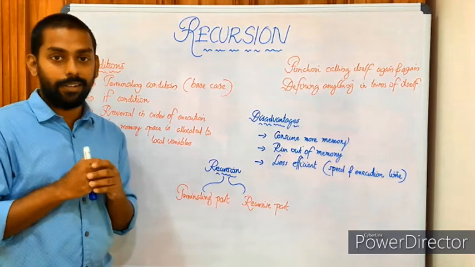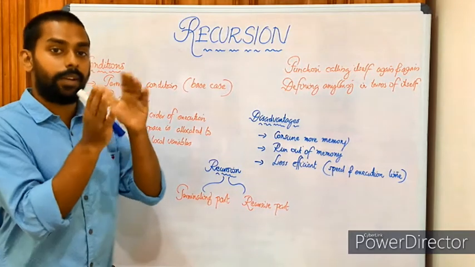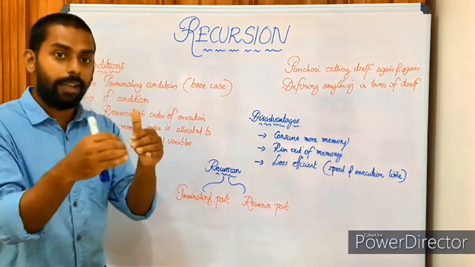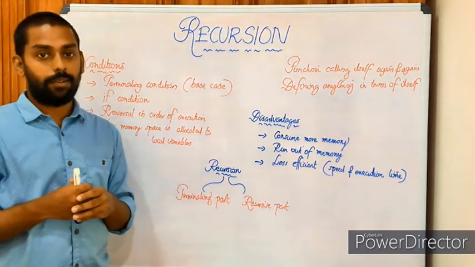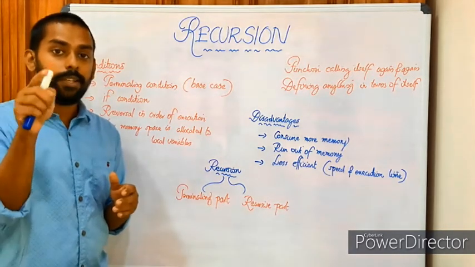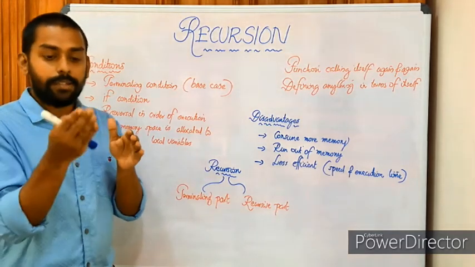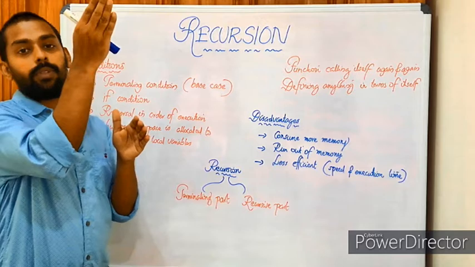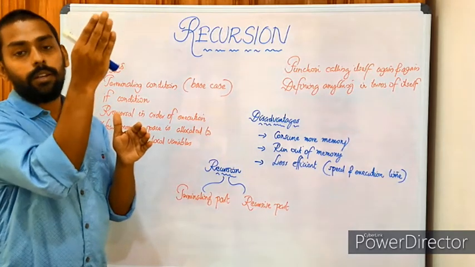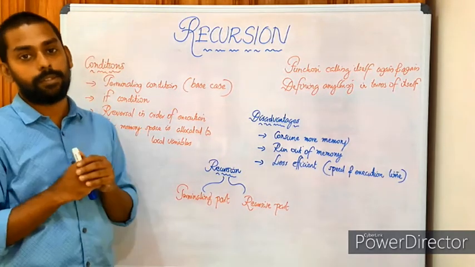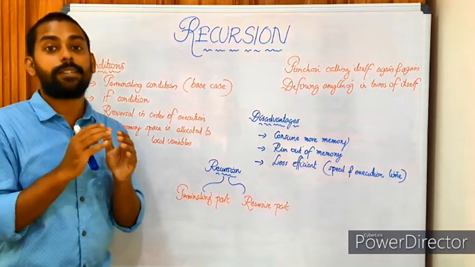The third one, right? Only after completing the execution of the third will it execute the second, and then the first. We place them in this order: first, second, third, fourth. And which one is executed first? Fourth, then third, then second, then first. It follows LIFO, last in, first out.